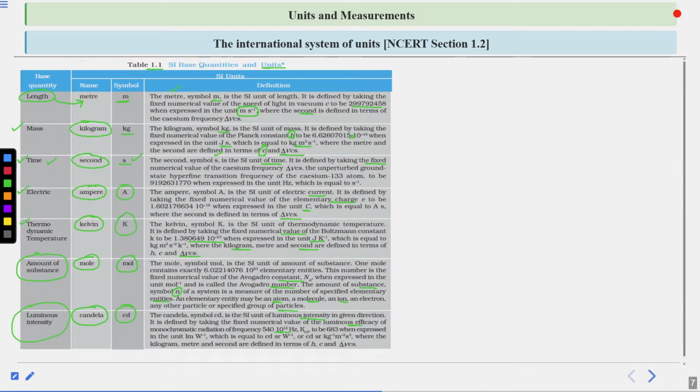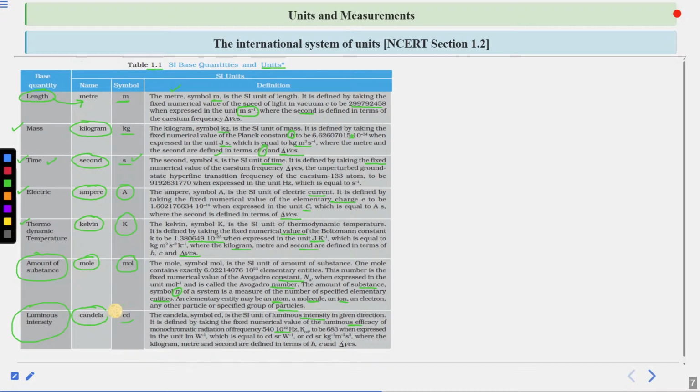Now if you have any doubt related to SI base quantities and units, please ask. There are 7 base quantities: length, mass, time, electric current, thermodynamic temperature, amount of substance, and luminous intensity.